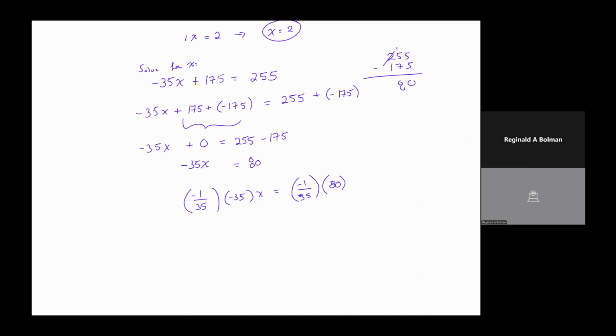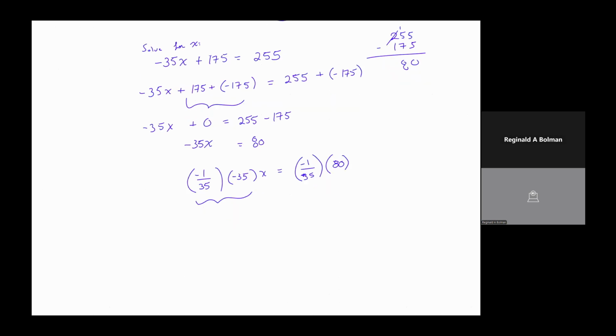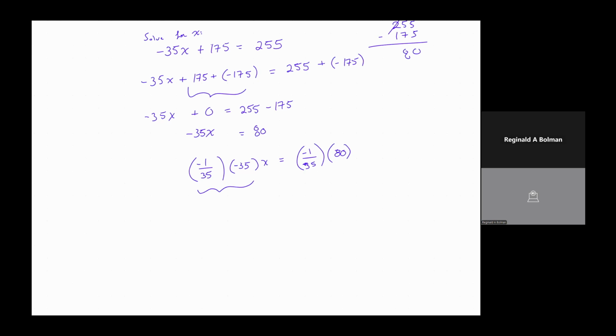This cleans up nicely: negative and negative is a positive, 35 times 1 gives you 35, so we'll have 35 over 35 x is equal to, on the other side, negative 80 over 35. You get 1 times x is equal to negative 80 over 35.